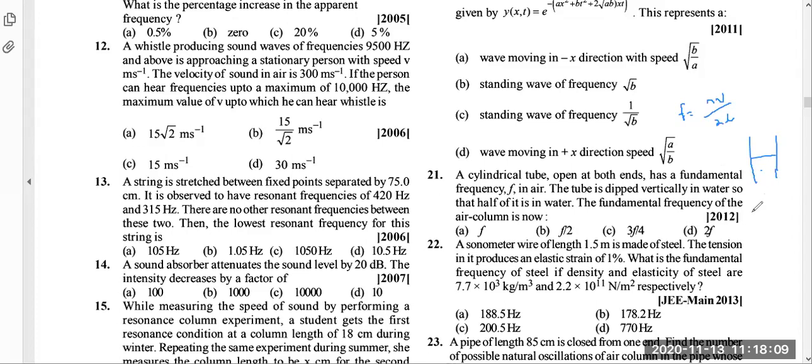Then f will be nv by 4L dash. Now this L dash is half of this whole L. So can you compare this? Yes.